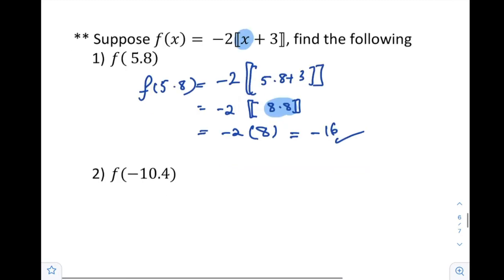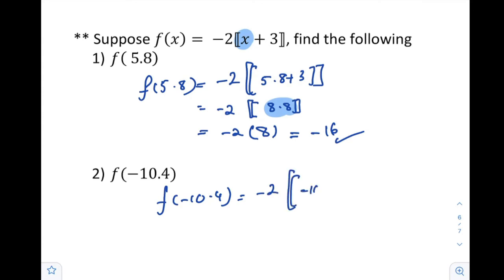For the negative number, you will do the same procedure, but be careful. So minus 10.4 plus 3, it's -2. And negative 10.4 plus 3, you have to subtract because signs are different. Then it will be 7.4, but negative. Now, what is the greatest integer of negative 7.4?